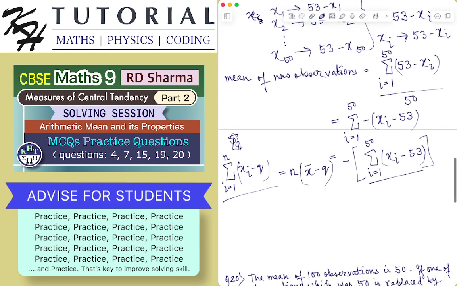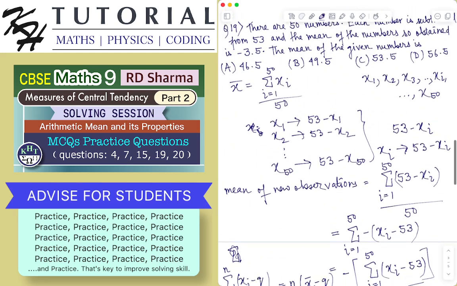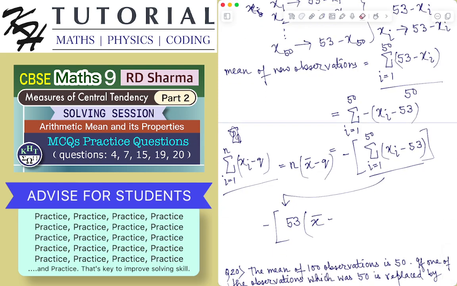Okay, so then the mean of the new observations will be negative of, inside, 53 multiplied by x bar minus, n is not 53, there are 50 observations, so n is 50, and the deviations are taken from 53.